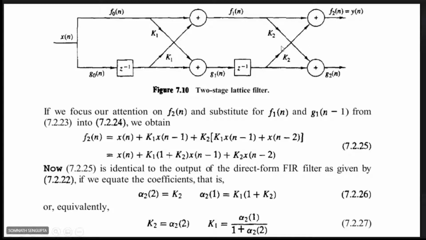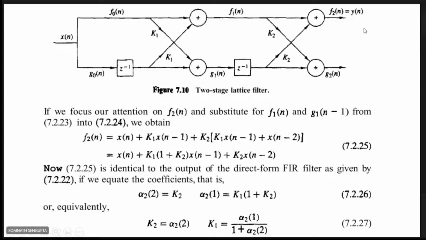So this is F1n and G1n. Now F2n is equal to yn, that is your desired output. So it is calculated this way.